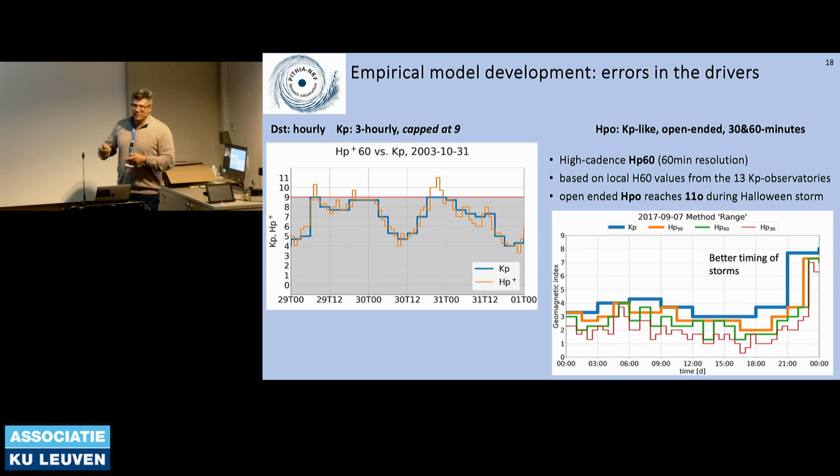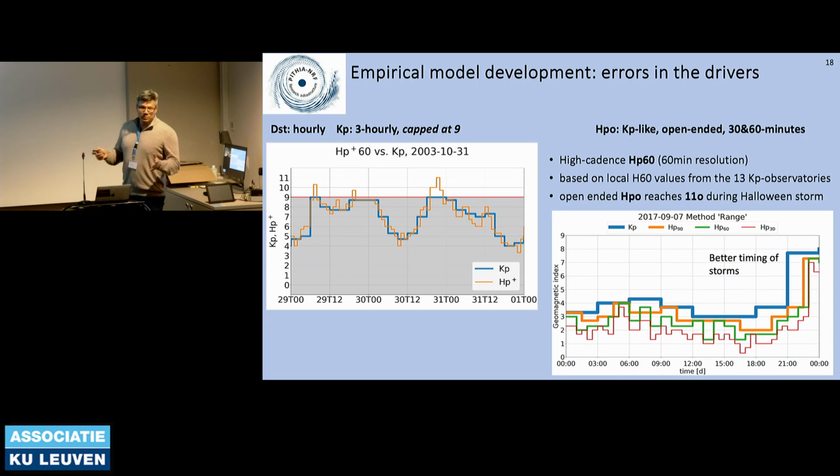HP now is like DST. It has no capped value. So when GFZ recomputed the HP values for the Halloween storm, which was a double peak at KP 9, now the maximum peak is more than 11. So it gives you a much more realistic impression of what the real energy input was at the time.